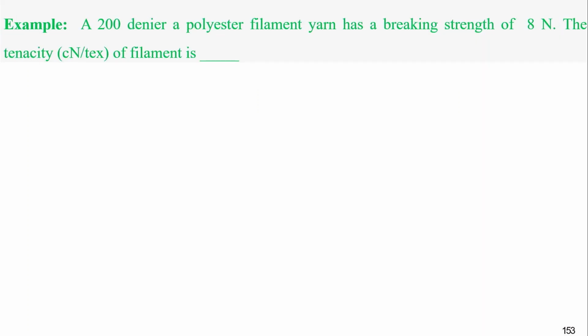Let us first do another numerical on polyester filament tenacity. Here, a 200 denier polyester filament with a breaking strength given as 8 Newton.